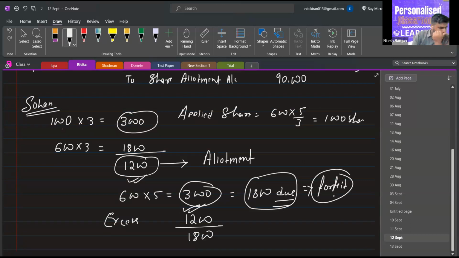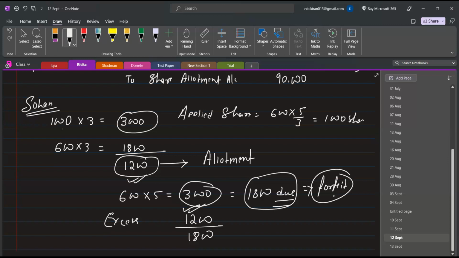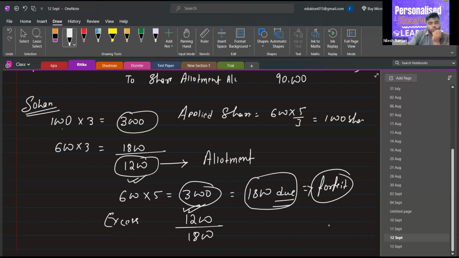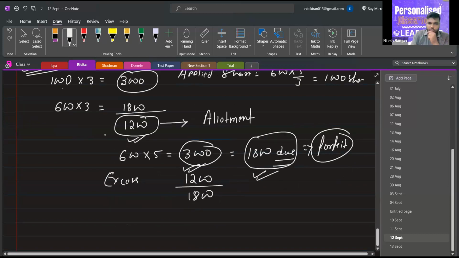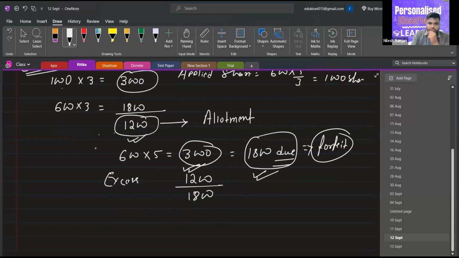Okay. So, sir, only the 1,800 will be forfeited. No. We will write, sorry. Forfeited amount is different. We have forfeited the share for this 1,800, which is not received on allotment. The forfeiture amount will be this 1,200 plus 1,800, 3,000.